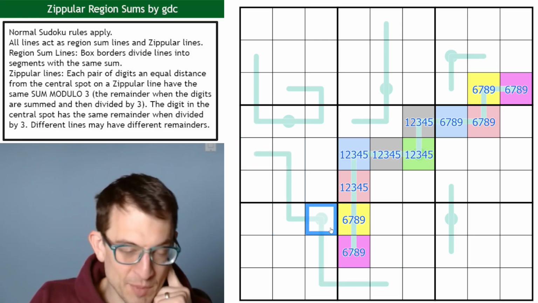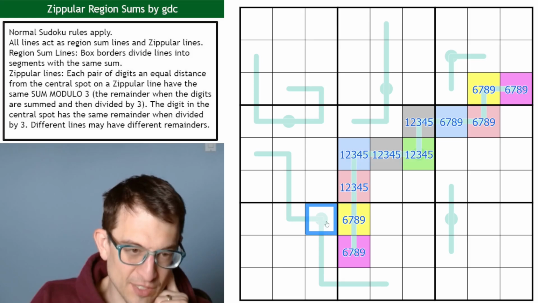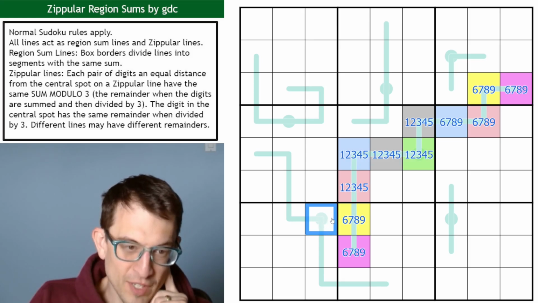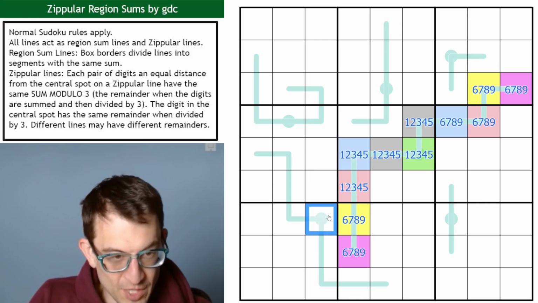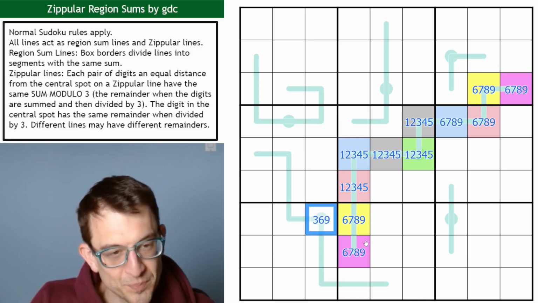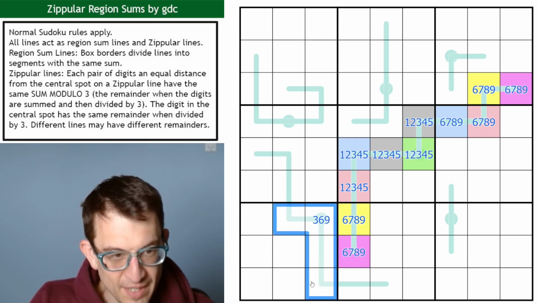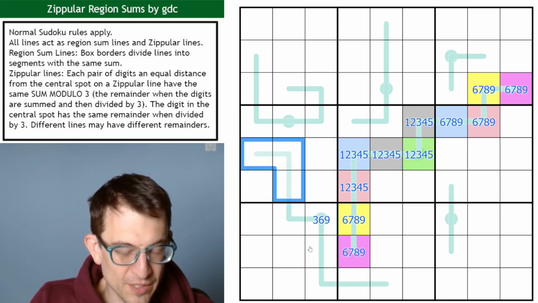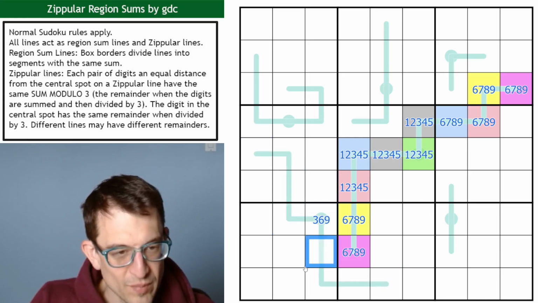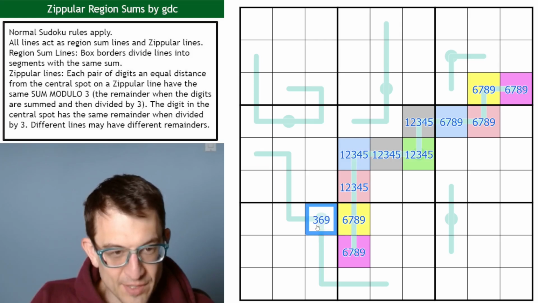Okay, so actually, does that tell me that this is 3, 6, or 9? I think it does, because this number times 5 has to be 0. 1 times 5 is 5, which is not 0. 2 times 5 is 10, which is not 0. So this is 3, 6, 9, actually. Can this be 9? If it's 9, that could be 15, which works. Okay. Okay, but I know at least that's 0 mod 3.